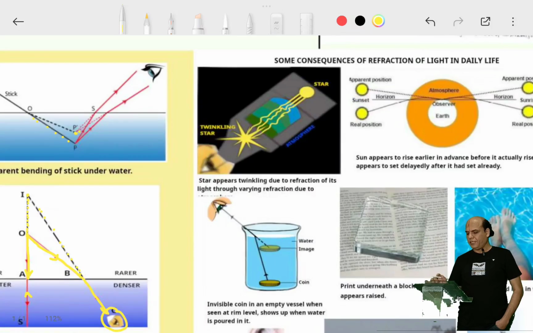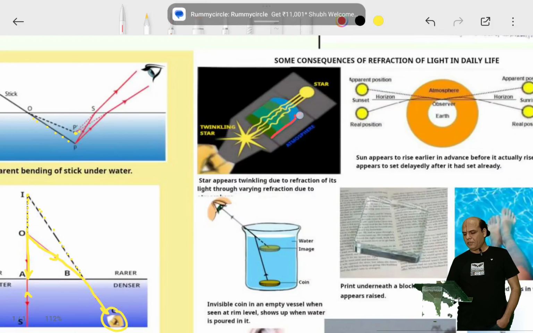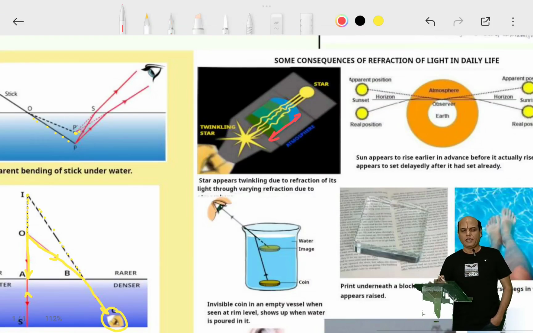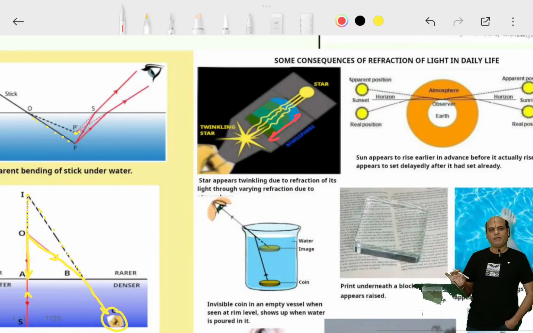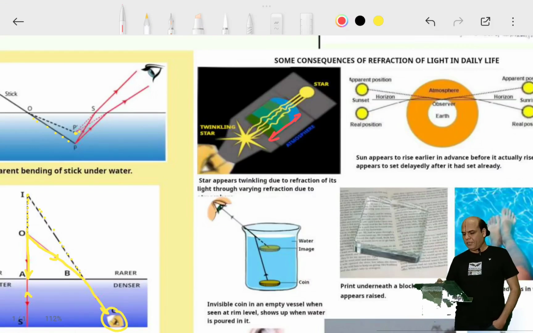The first one: a star is actually not blinking, but the light from the star passes through the atmosphere. Because the atmosphere is made up of air having different densities and temperatures, due to refraction the light gets refracted again and again in a haphazard manner, and then it reaches the observer's eye.